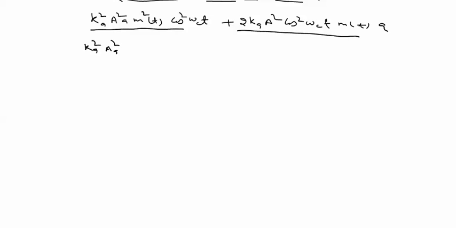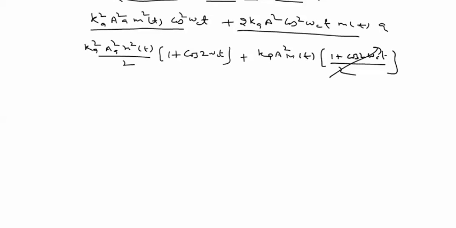Out of these, one term is eliminated. Our useful terms are k a square A square m square(t) and k m A square m(t) into A. Both are useful terms for us.